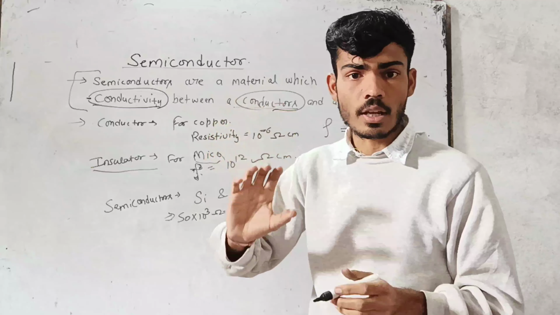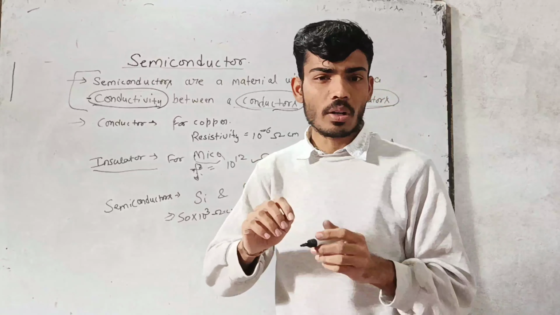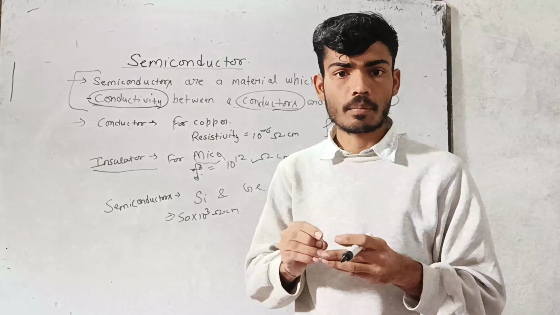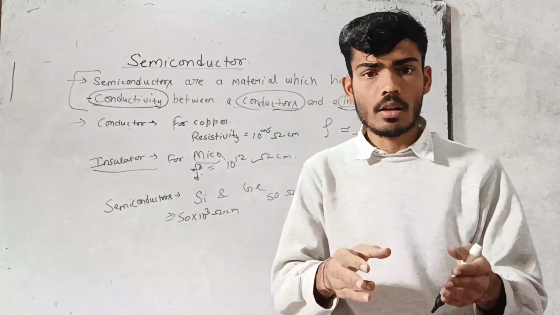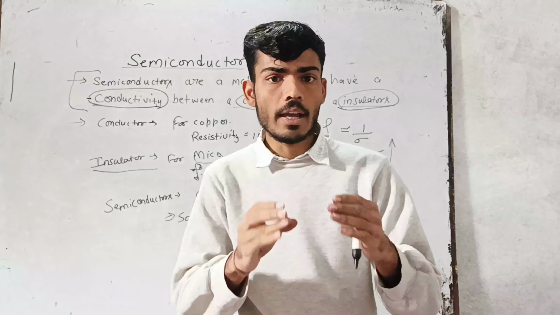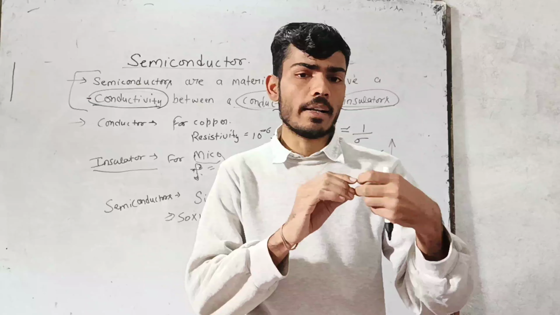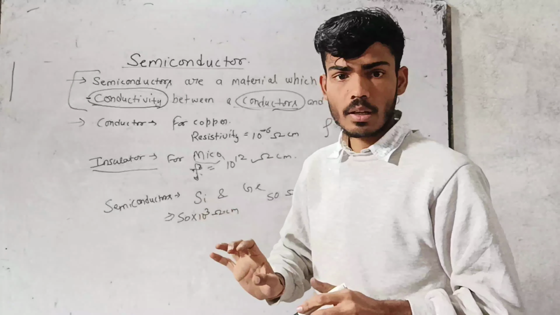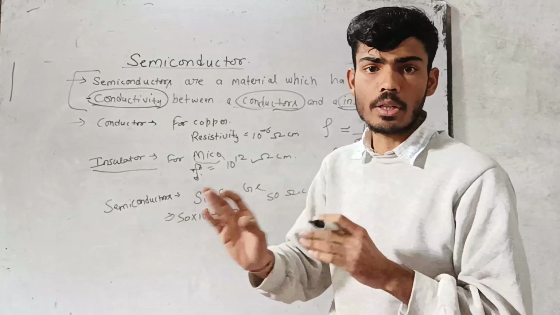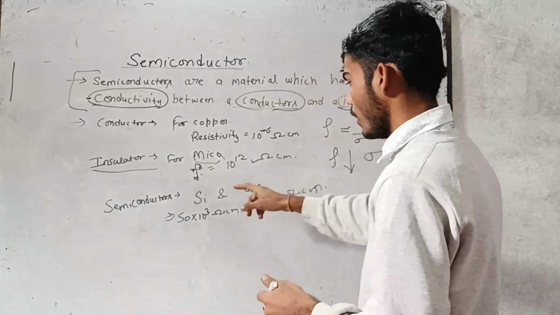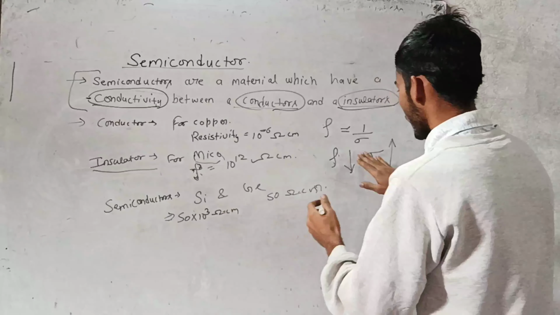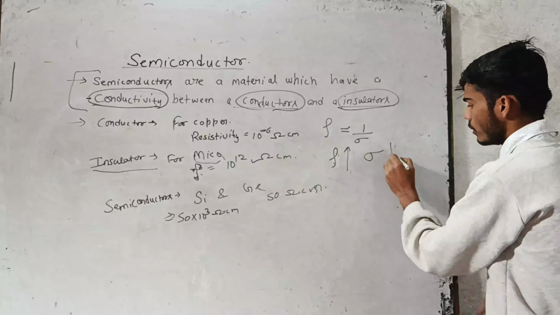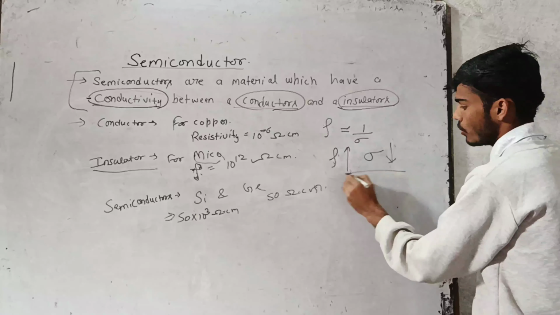It means its resistance is very high. It means its conductance is very low. It is not possible to make an insulator conductive. It can't make electrons free. So we can say if resistivity is very high, then conductance is low, and this is for insulators.